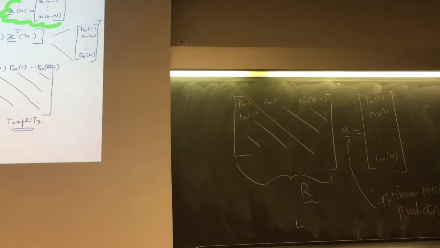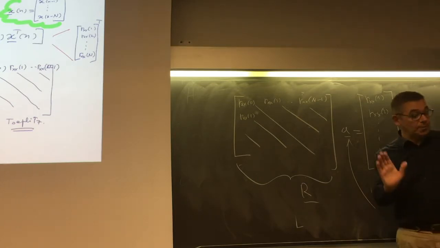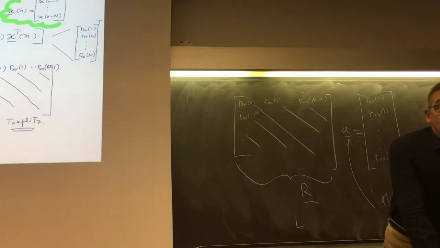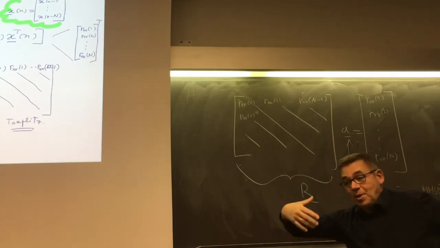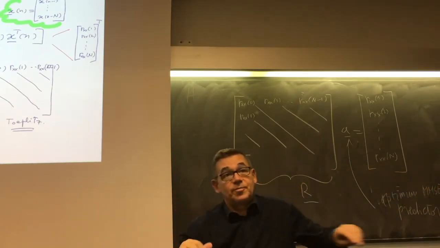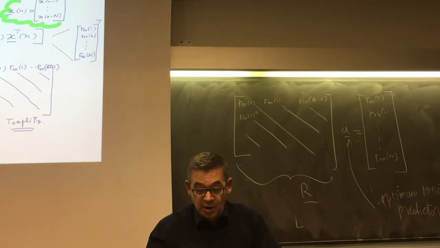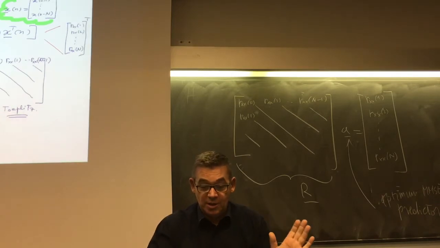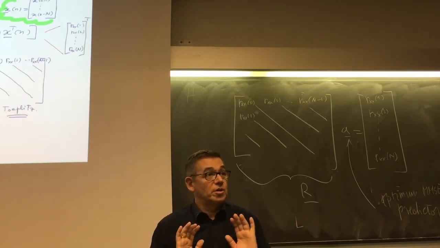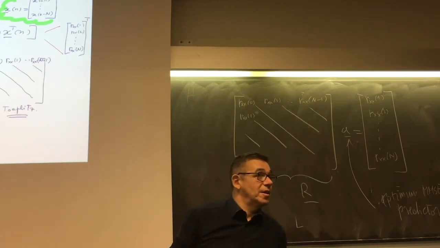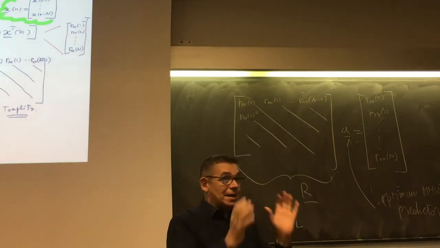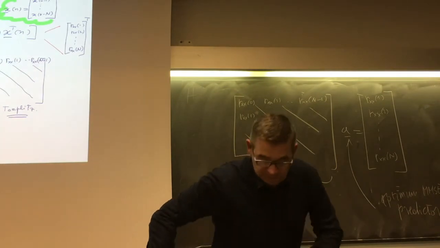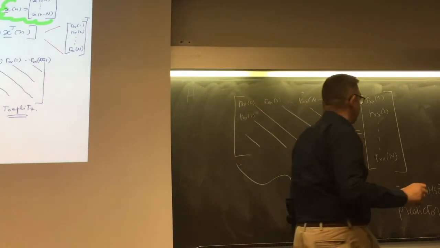It's a set of coefficients of the predictor. That's the optimum. Everything depends on the autocorrelation of the signal. Is it clear? I use the orthogonality condition. Tell me, shouldn't it be A transpose, or is it just zero? No, it's A because I already made a transpose for all.